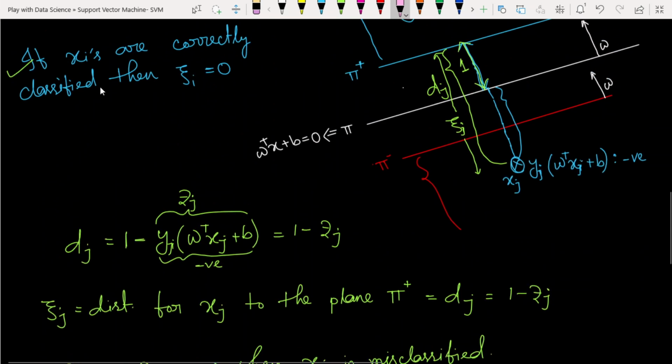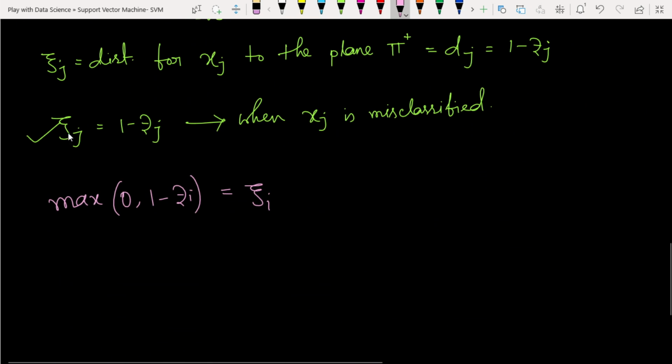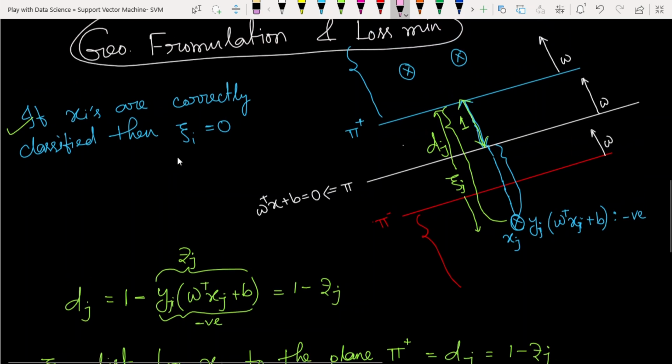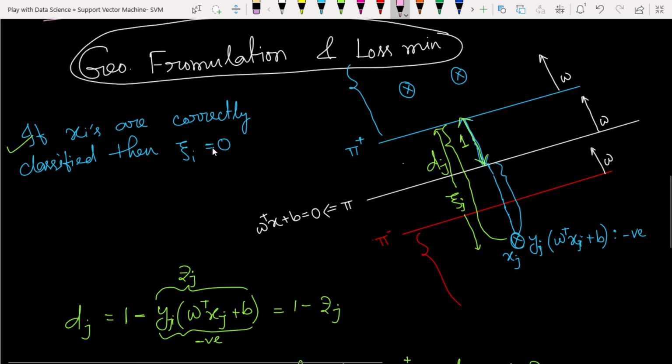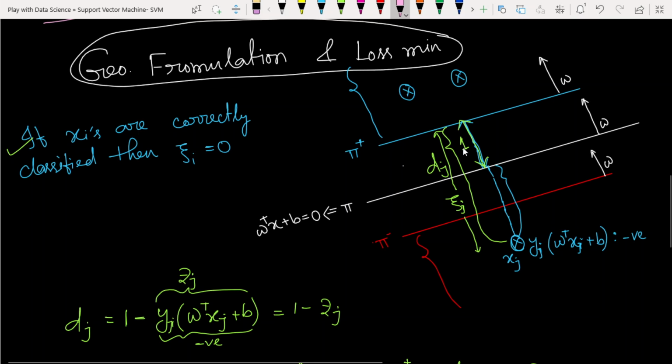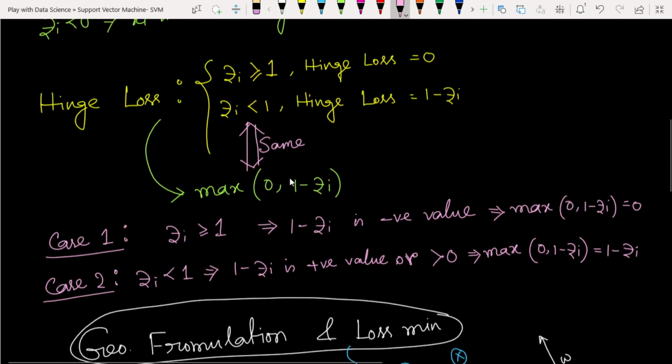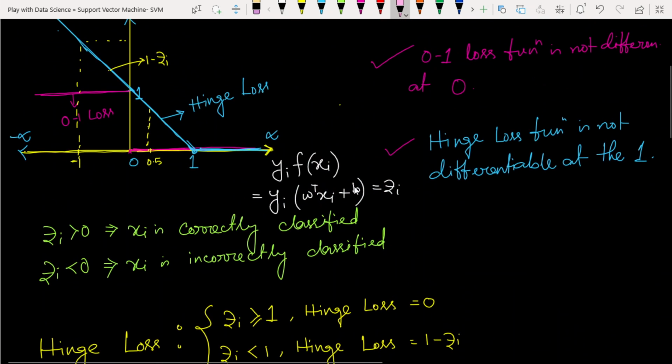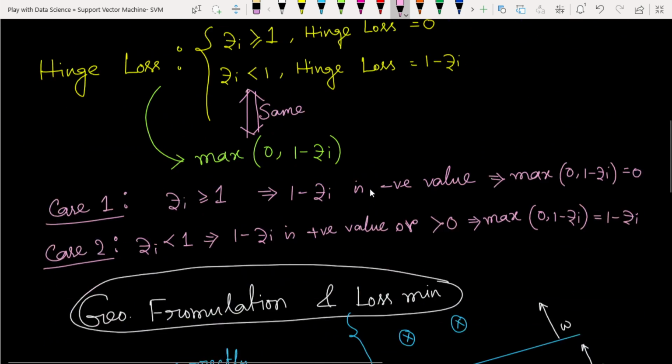So zeta i is 0 or this one, and when it is 0, this point is correctly classified.